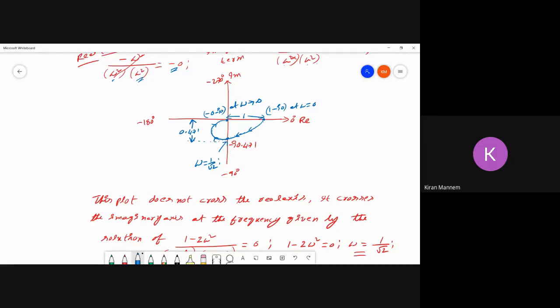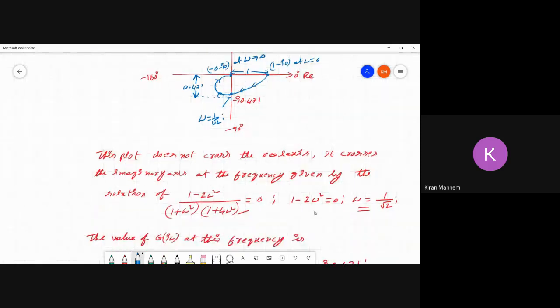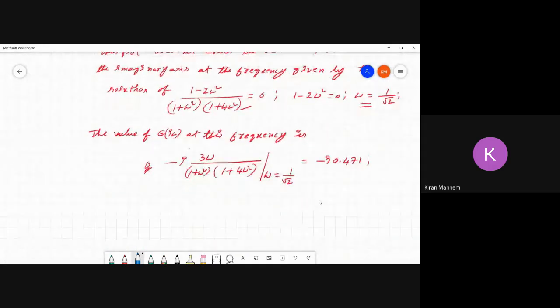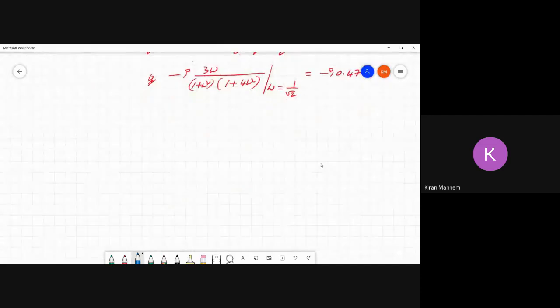If you don't have any questions, let us move on to the next example. Example number 4. You all try this example number 4 quickly.